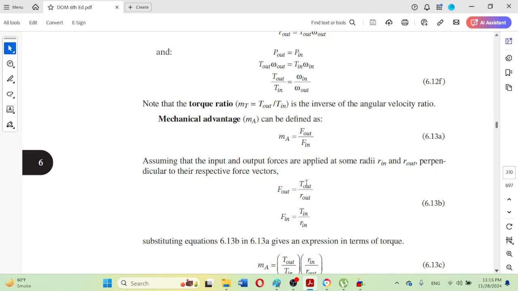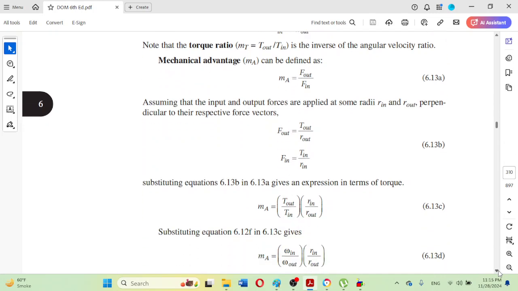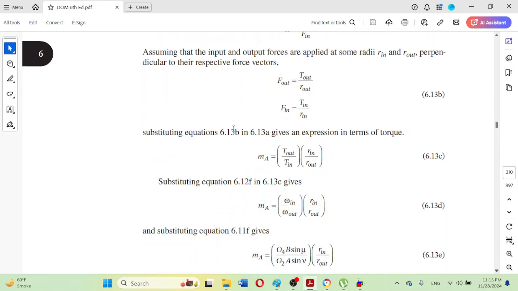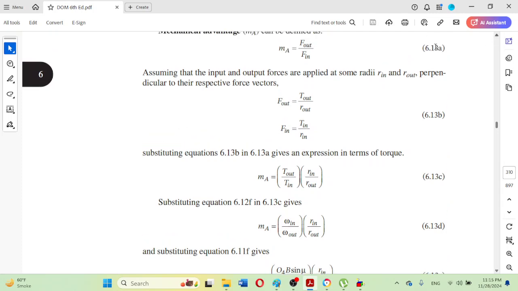So F out is equal to T out divided by R out, and F in is equal to T in by R in. So substituting equation 6.13b and 6.13a gives an expression in terms of the torque. So simply input the values of this F out and F in into the equation of mechanical advantage.